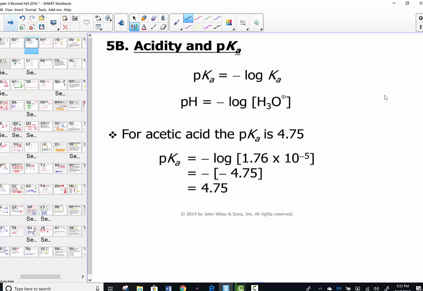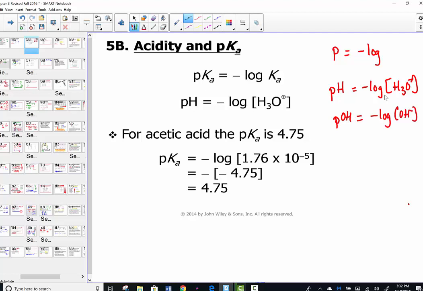Acidity and the pKa constant. Whenever you hear P, I want you to know that it's just a mathematical expression that stands for negative log. If we have pH, that means we take negative log of the acid ion. P represents negative log. pOH literally means hit the negative log of the base ion concentration.